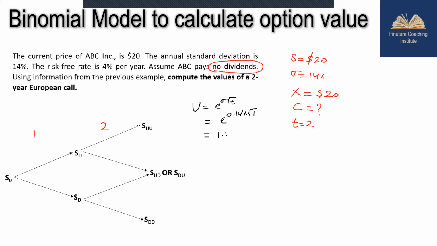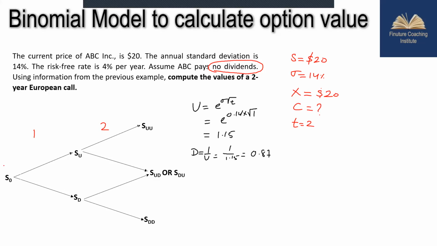So it's 1.15. If I do the reciprocal of this, your d is 1 by u, that is 1 upon 1.15. That would come around 0.87.